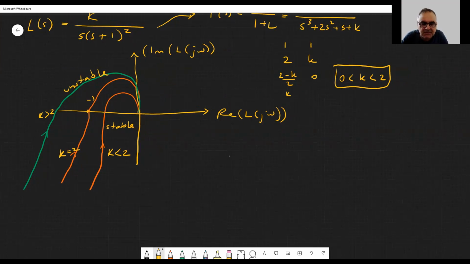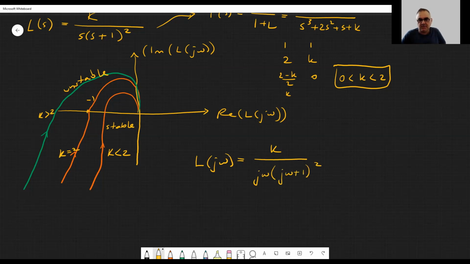you have, let's say, L of j omega. What is L of j omega? It is, let's say, K over j omega times j omega plus 1 squared. Okay. This is a complex number, which is a function of frequency, right? Yes, hocam. We plot this complex number, its real part versus its imaginary part, increasing omega from 0 to omega equals infinity.